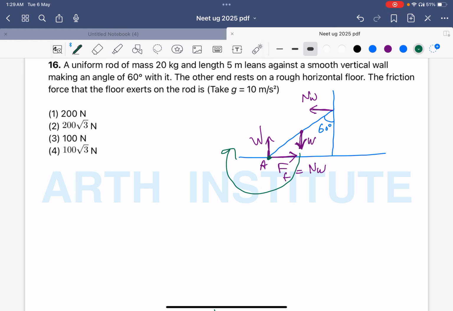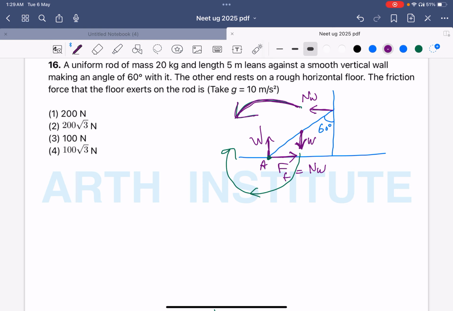And about point A, this NW, that is normal reaction of the wall, which is equal to force of friction, will make the rod move in the anti-clockwise direction. So W is in the clockwise, and normal reaction of the wall is in the anti-clockwise direction.